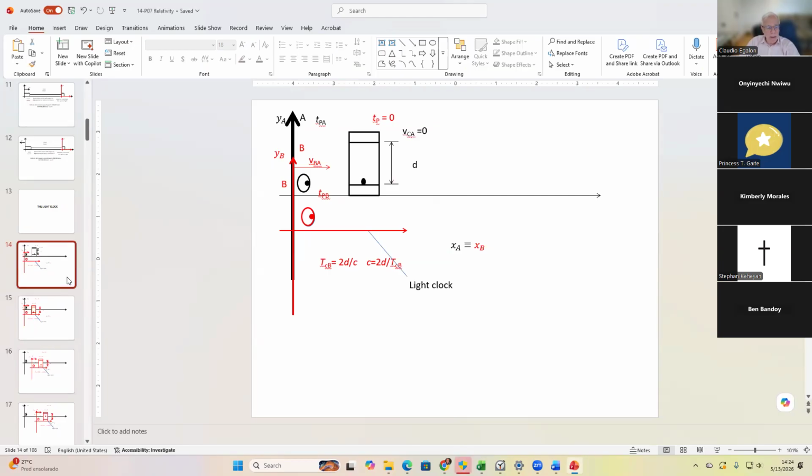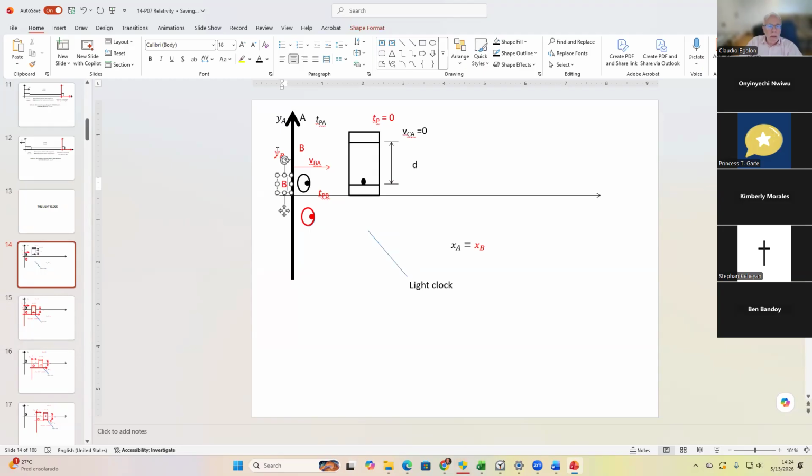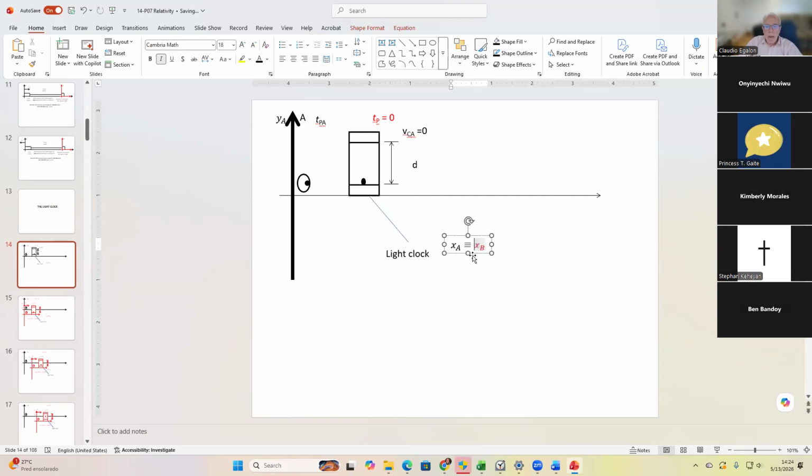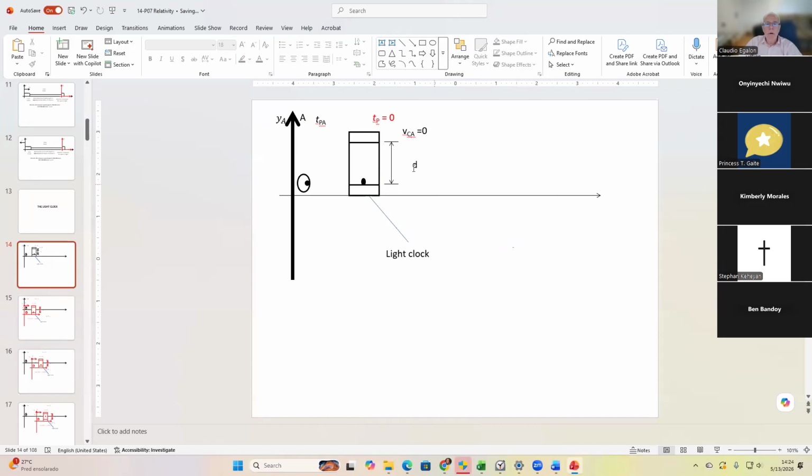As time goes by, I'm going to remove any reference to referential B, okay? So you concentrate only on what I want you to concentrate. This is our light clock.